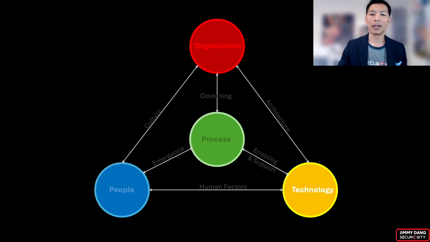Next up is the technology element. That includes all the systems, applications, and tools used by the people in the organization. While technology is a powerful enabler of an organization's processes and strategic objectives, it needs to be effectively managed by people and processes to be truly useful.